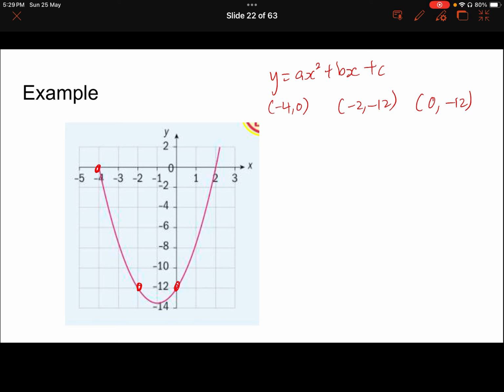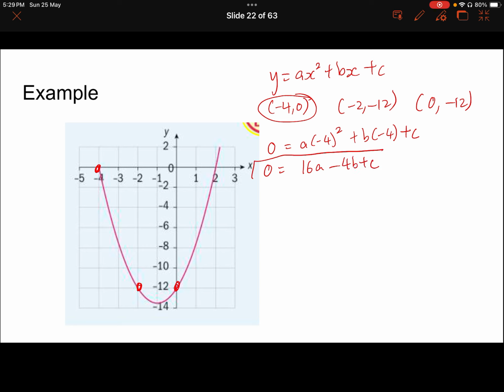So it's going to look something like this. If I were to substitute this point into this equation, you're going to get 0 equal to a(-4) squared plus b(-4) plus c. Again, if you were to simplify this, you're going to get 16a minus 4b plus c. Now this is your first equation.